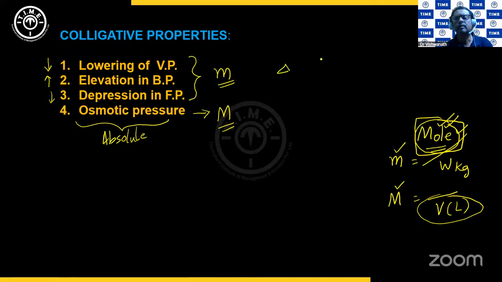What was there when only solvent was there, and what happened when the non-volatile solute was added to form a solution? What is happening to vapor pressure, to the boiling point, to the freezing point? There is a decrease in vapor pressure, an increase in boiling point, and a decrease in freezing point. Clear? Whereas the fourth one is an absolute value.